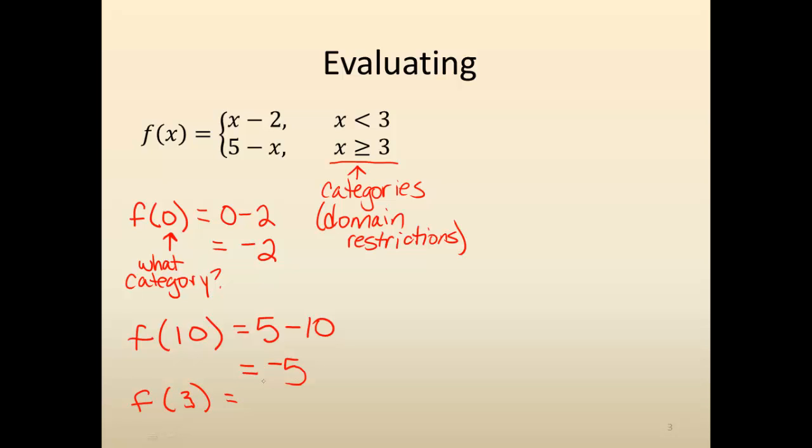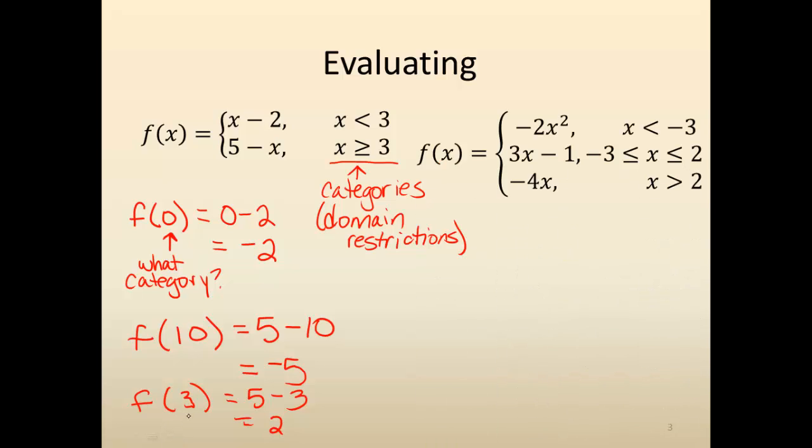Again, which category does it belong in? It will never, ever be able to fit in two categories. This value will only fit in one, and in this case the equal to sign is with the 3, so I'm going to plug it into the bottom one, 5 minus 3, and I get 2. So you will be evaluating just one formula, depending on which category it's in.